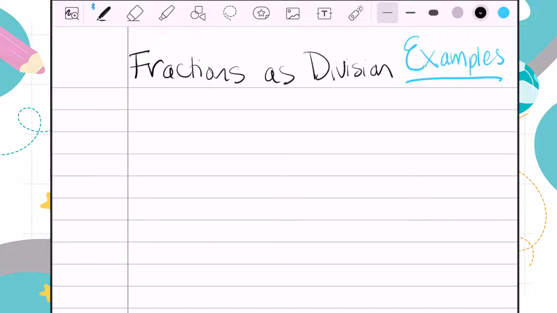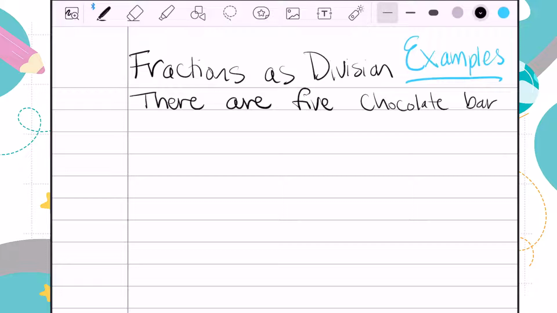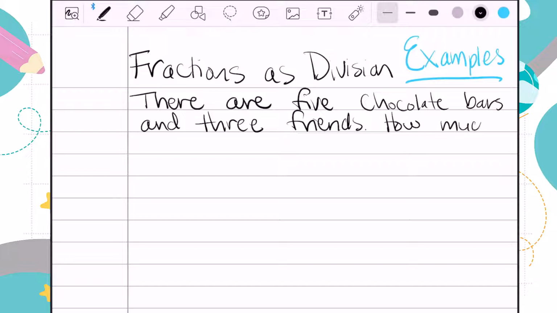So here is our first problem. There are 5 chocolate bars and 3 friends.